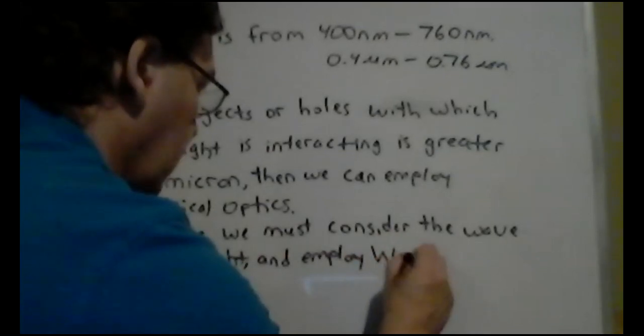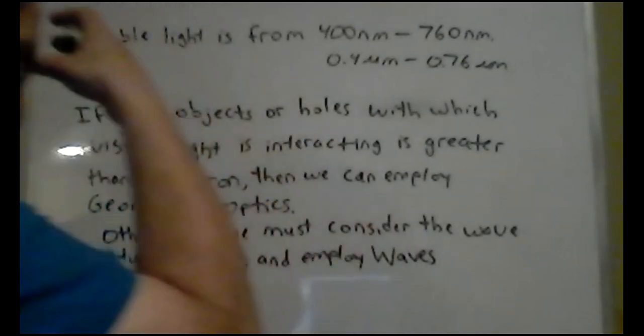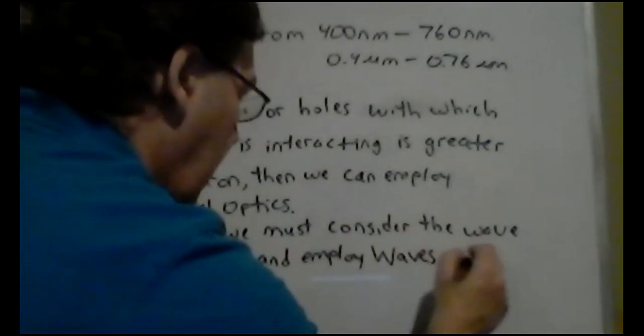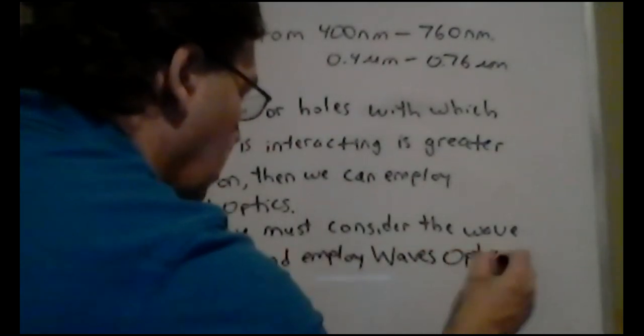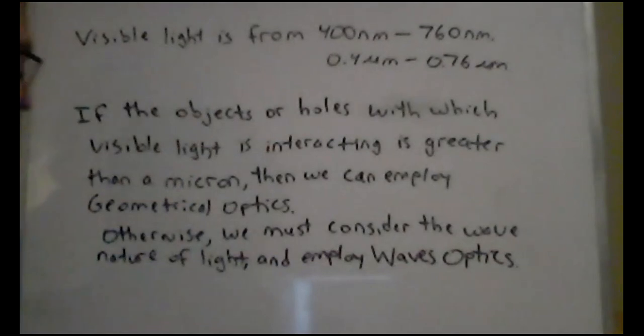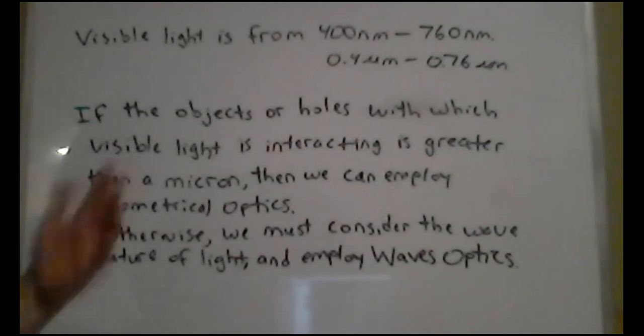When can you use geometrical optics? Again, geometrical optics is really the exception. Wave optics in general should always apply, but it's more complicated than you need when you're talking about objects or holes that are significantly greater than the actual wavelength of light.